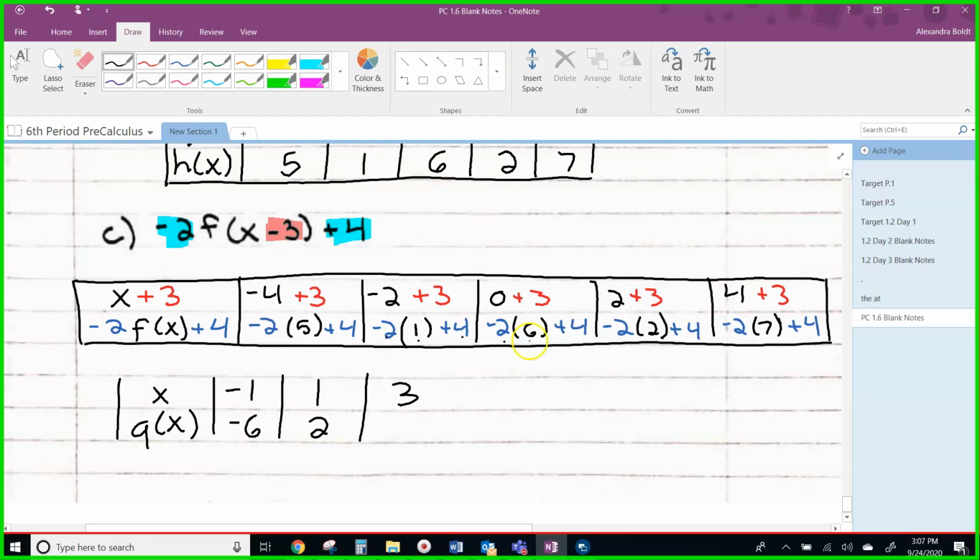Negative 2 times 6 is negative 12, plus 4 is negative 8. 2 plus 3 is 5. Negative 2 times 2 is negative 4, and negative 4 plus 4 is 0. 4 plus 3 is 7. Negative 2 times 7 is negative 14, plus 4 is negative 10.